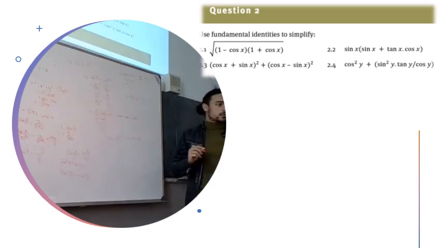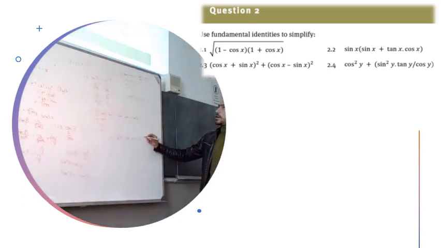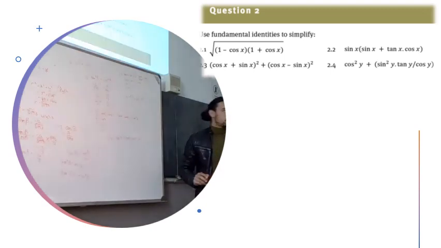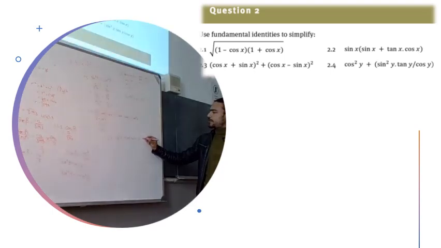That is just the first one. Then the second one is going to be cos squared of x, minus 2 sine of x cos of x, plus sine squared of x.